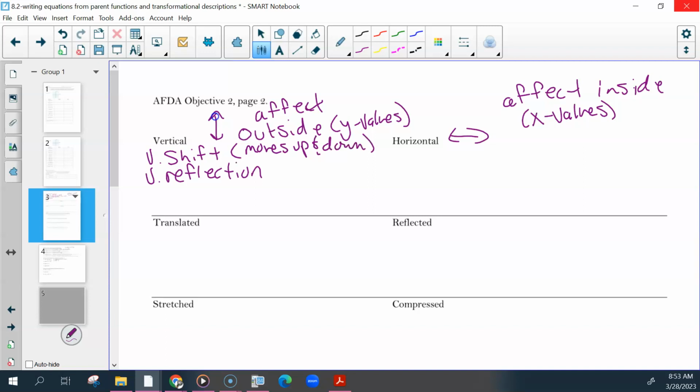Vertical reflection when it's flipped over the x-axis. So flip upside down or flip over x-axis. So that part is a little weird to think about because it's y values, but you have to think about at your x-axis, if it's underneath, the y values have changed.